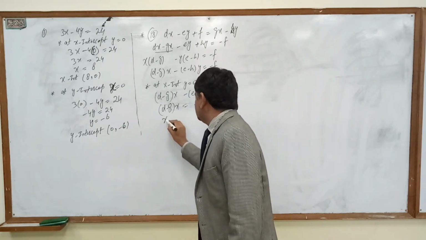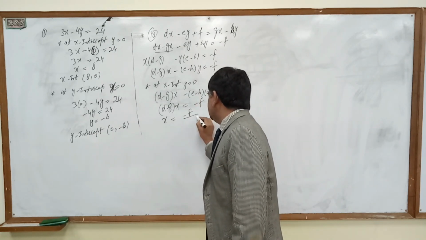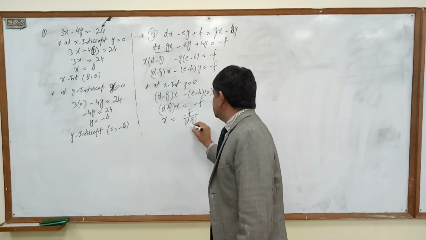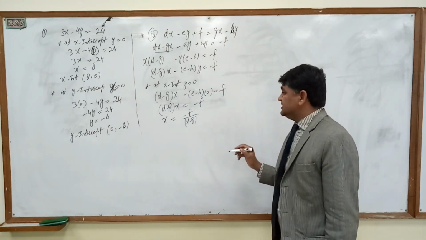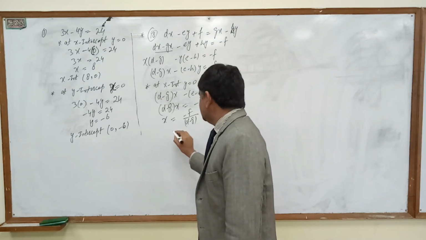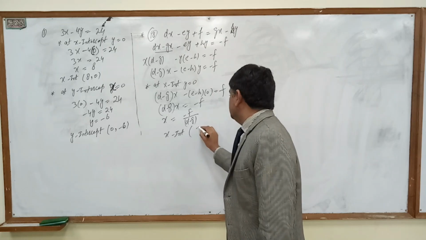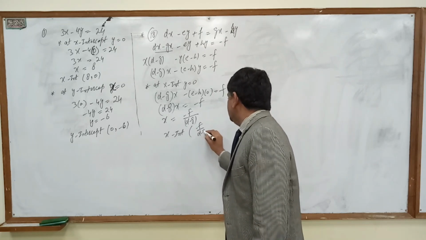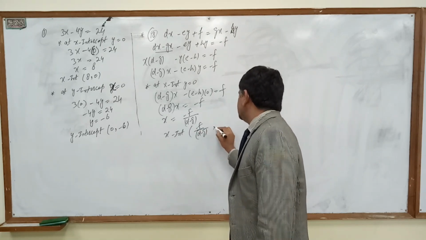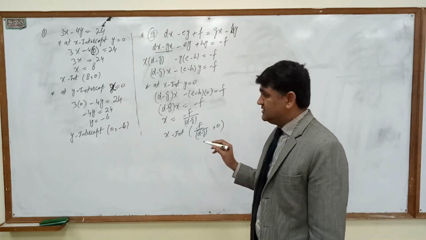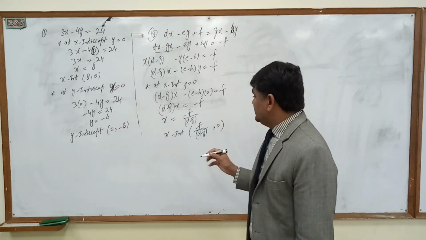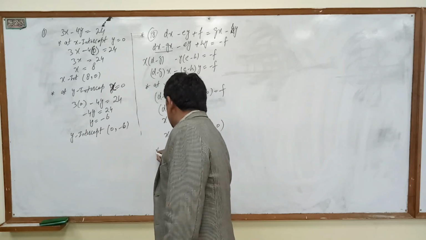So x is equal to minus f by d minus g. So what is x-intercept here? Intercept is minus f by d minus g, 0. Clear? Yes.